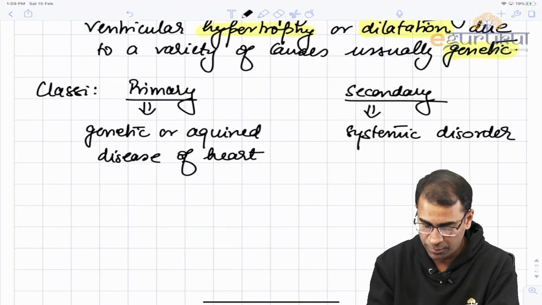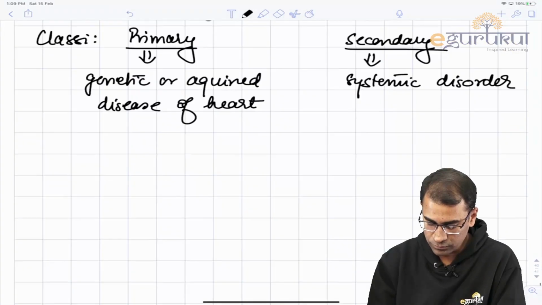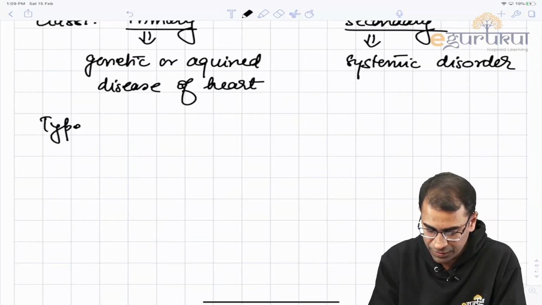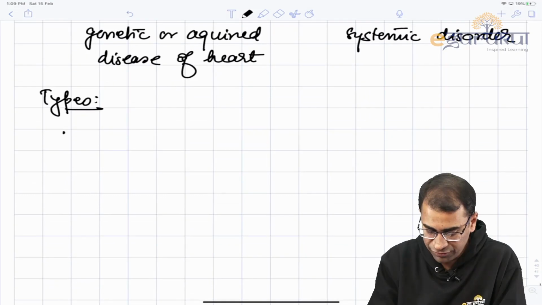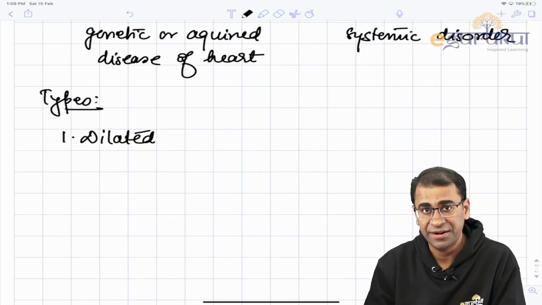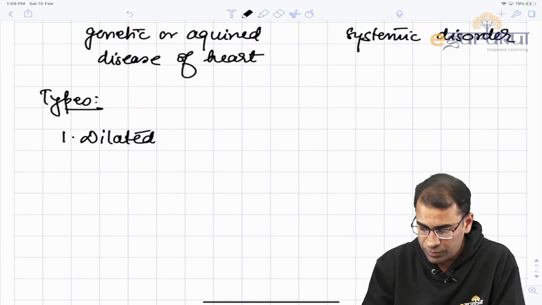So, based on this, let's start with the types of cardiomyopathies. There are actually three types. The first one is dilated. The basic problem here is systolic dysfunction.